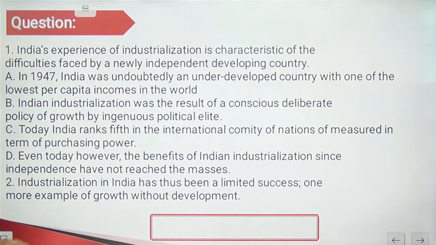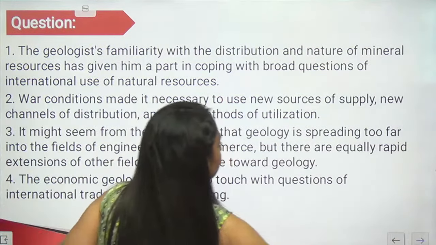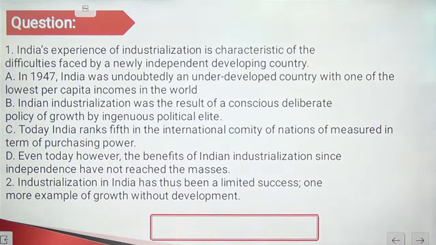As I was discussing the second type of question, the opening line, which is 1, and the closing line, which is 2, are fixed. You have the other 4 sentences and you have to guess the right order. Let's read them together.